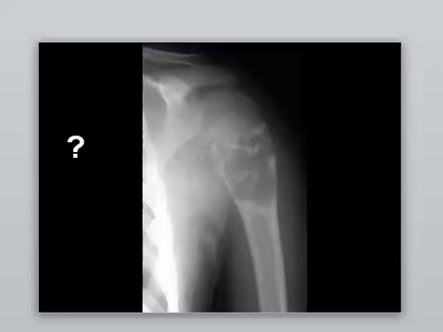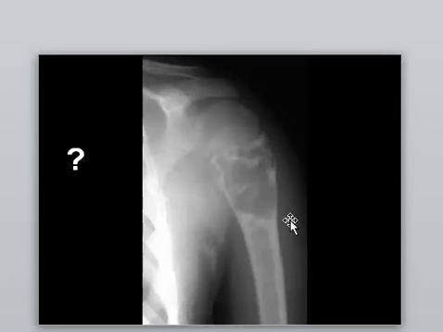So what is this? It's a typical cyst, lytic lesion with what we call fallen fragment sign and pathological fracture. Here it is. So there is a pathological fracture, and this is what we call the fallen fragment sign, and this is typical for simple bone cyst.